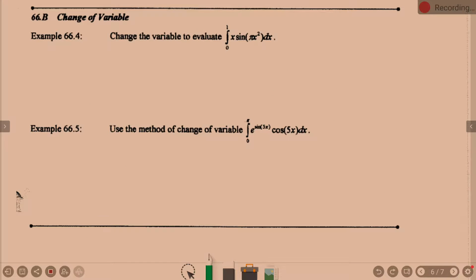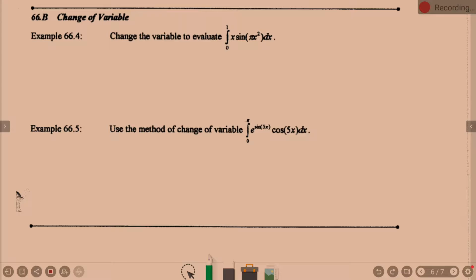Now, the bottom section, you'll notice, is definite integrals. We're still going to use the same idea of u substitution. But we have two choices of how we finish this out. I'm just going to teach one of these ways, but you can make sense of either way. What you need to remember, this integral is in terms of x, right?